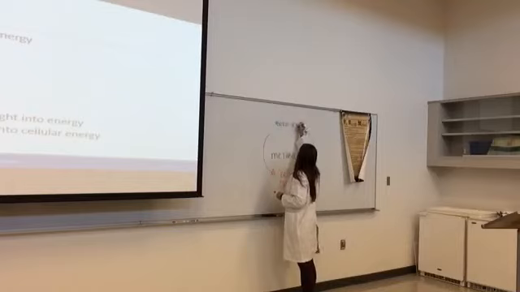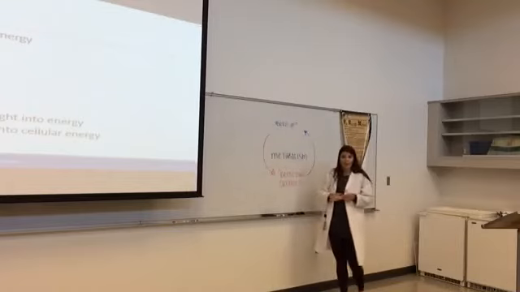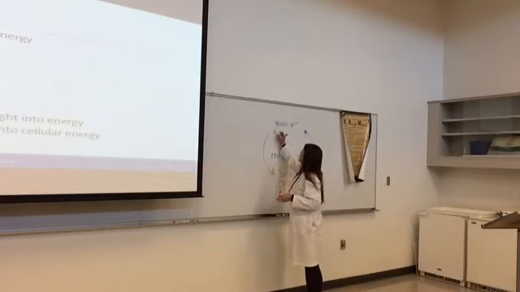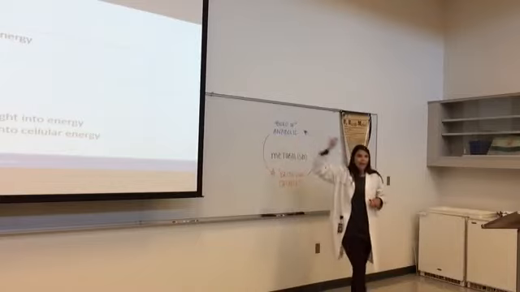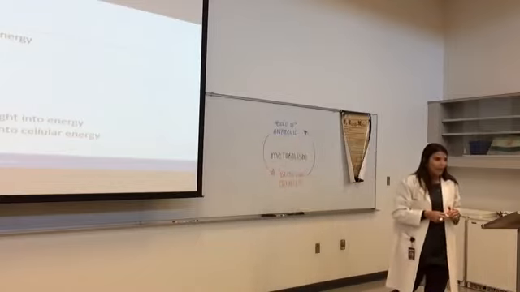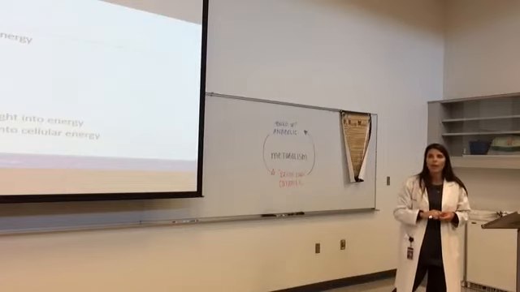Does anybody have an idea what the opposite of catabolic is? Anabolic. Anabolic. And these are collectively called metabolic. So anabolic is building up. Catabolic is breaking down. Anabolic is building up. Catabolic is breaking down.